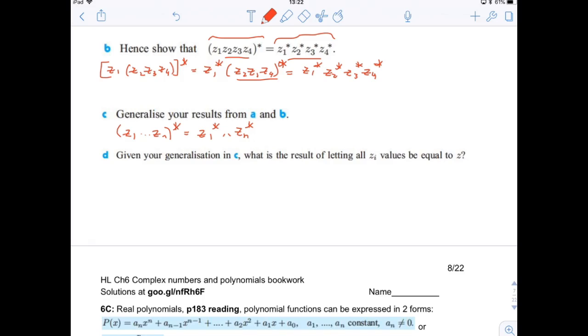Given your generalization in C, what is the result of letting all zi values be equal to z? If instead of different z values here, they were all equal to z, that would be saying z to the n conjugate equals z conjugate to the n. Okay, that's it for page 7.